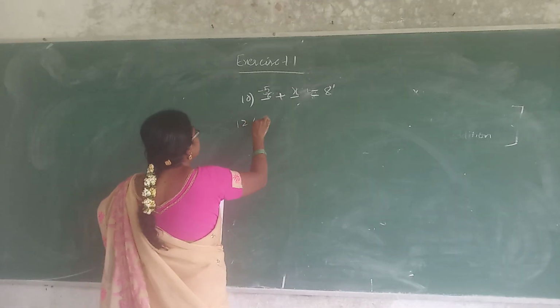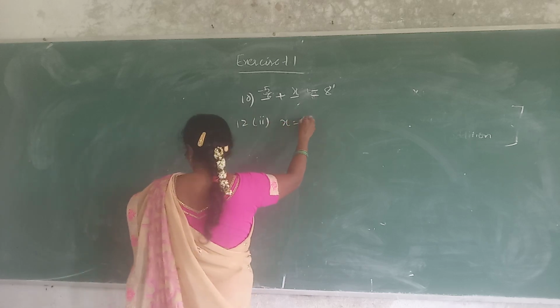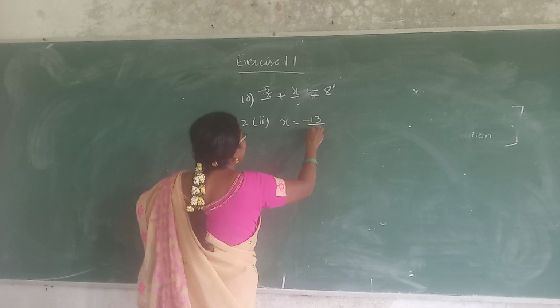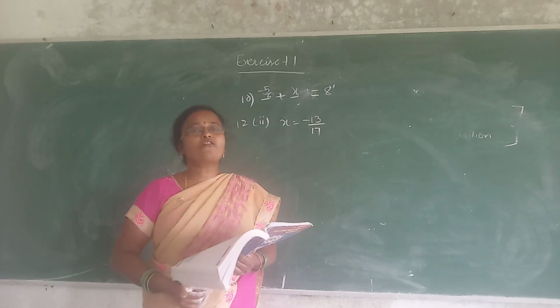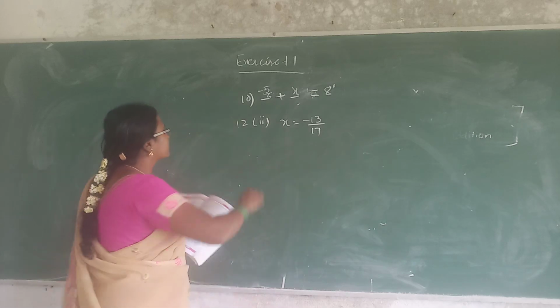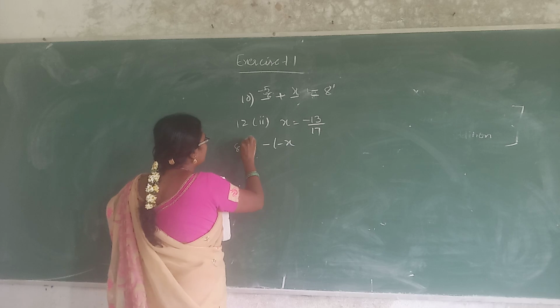Second one: x is equal to minus 13 by 17. He is asking to verify that minus of minus x is equal to x. You have to verify that minus of minus x is equal to x.